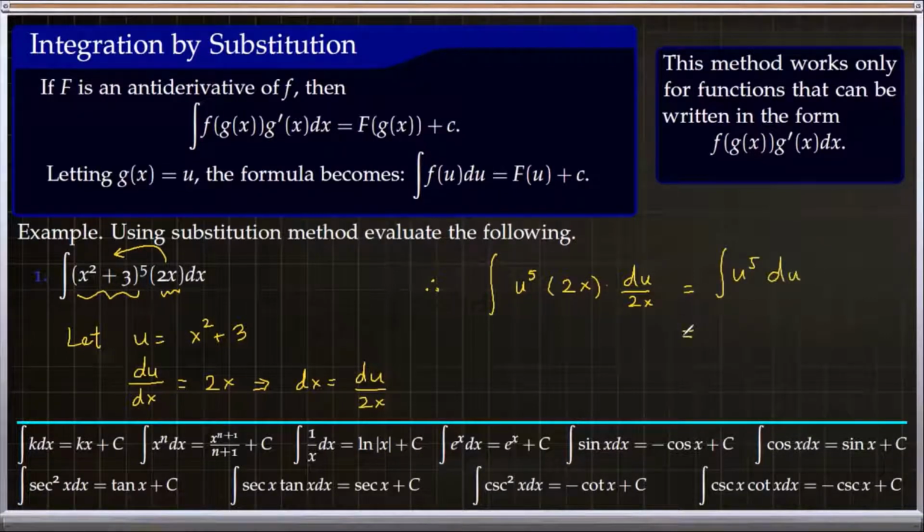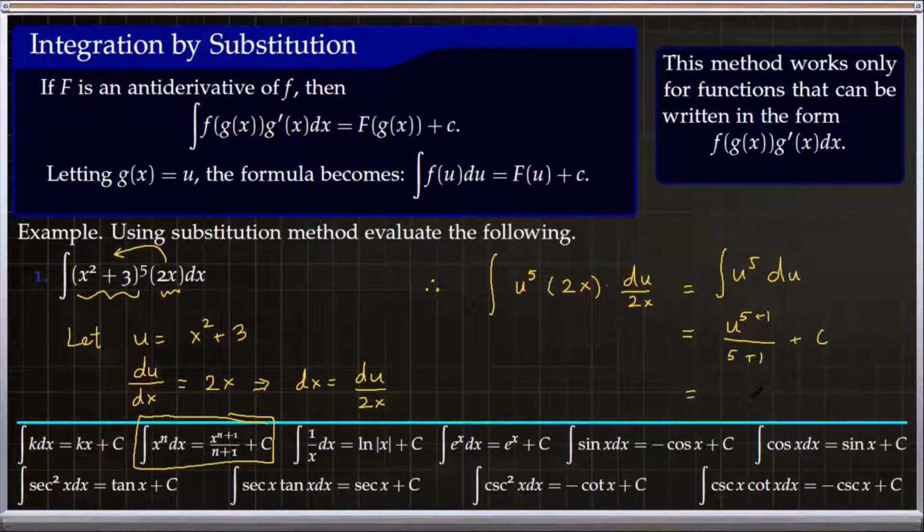And we can find the antiderivative of this function using this formula over here. With n equals 5, we get u to 5 plus 1 over 5 plus 1 plus constant. So this is the antiderivative of u to 5.